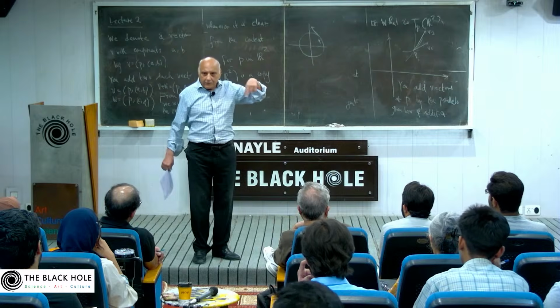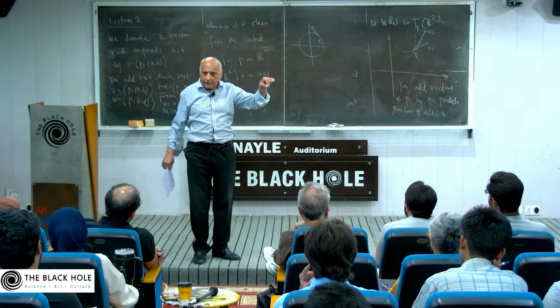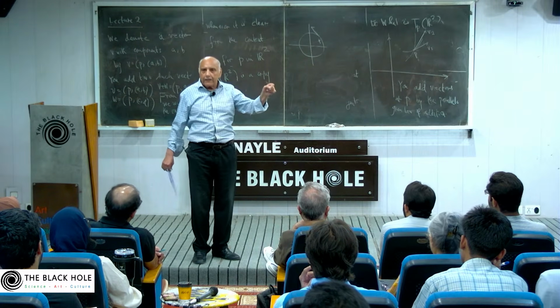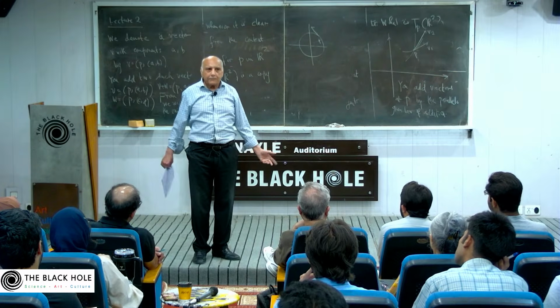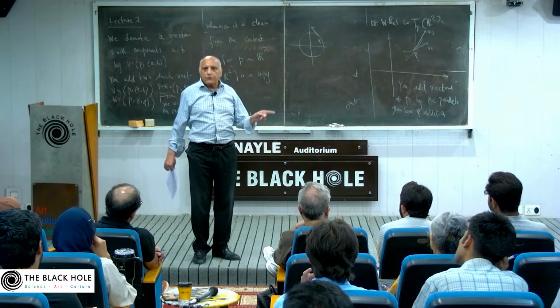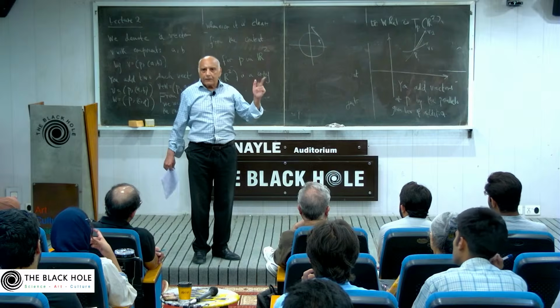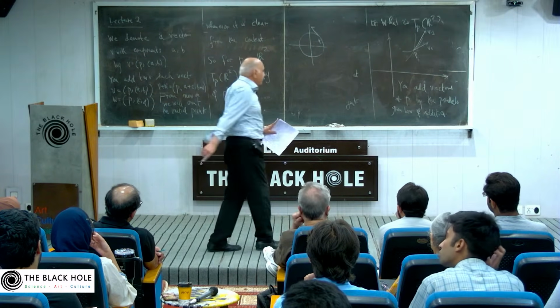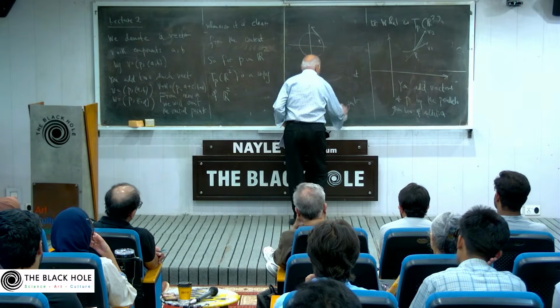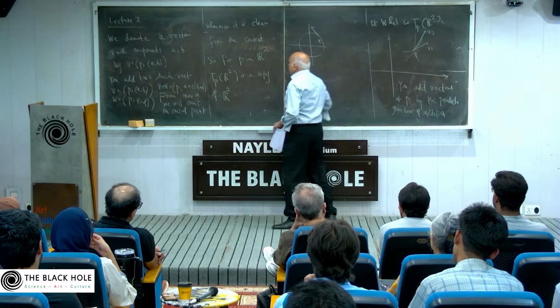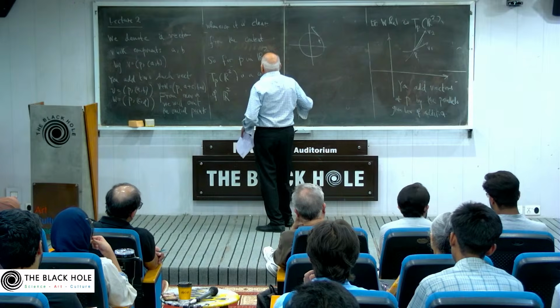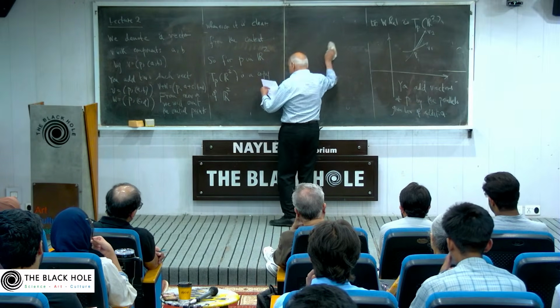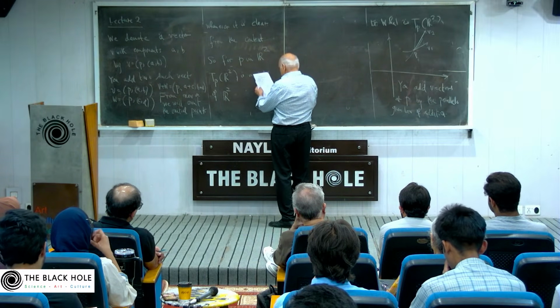You have 2 degrees of freedom, right? At every point it's a circle, so theta for that, and then for the location of the point you have 2. So this is a copy of R2. Let's look at some examples.